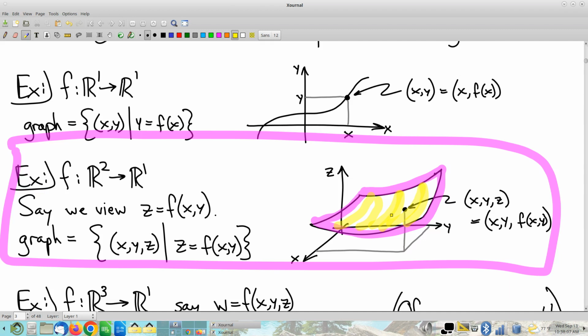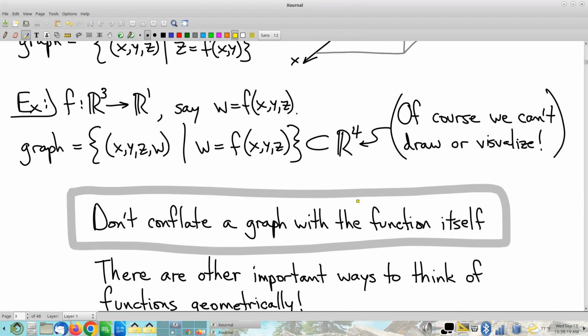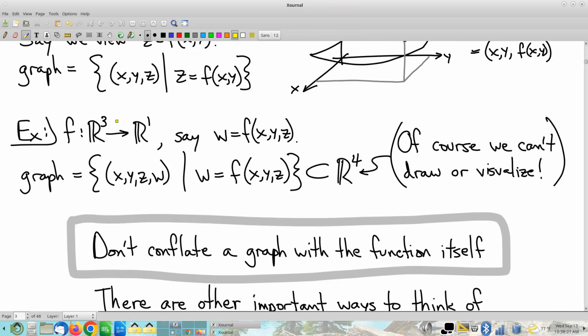to draw. It's a little suboptimal. And now let's look at the next example. Let's talk about a function of now three variables. Like so. Right? Function of three variables. We'll follow the rule where we'll take the input variables, right? We'll put them first.